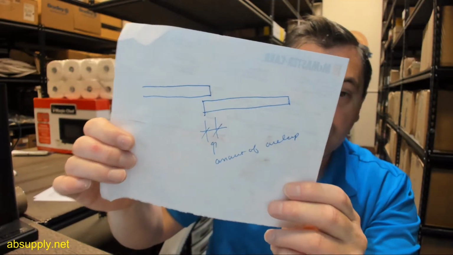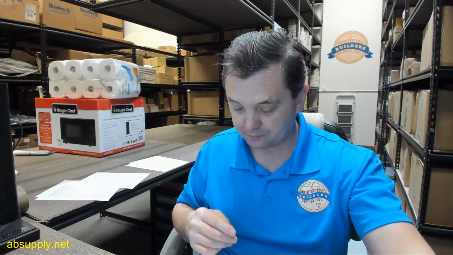Okay, so if you were going to do a bypass opening and your doors were 36-inch each, you're going to want to make that opening size slightly smaller, so that you had the overlap between the two doors, as shown here.